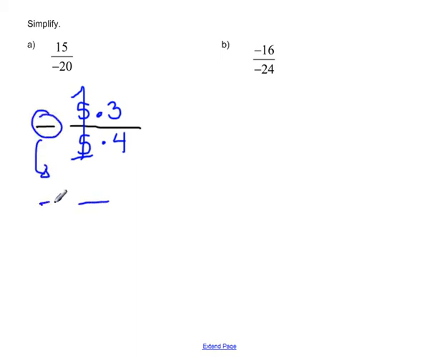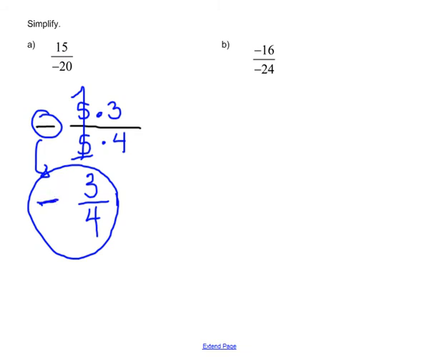So our answer is going to be negative 3 over 4. So when we write a final answer that's a fraction, if it's a negative, we want the negative sign out front of the fraction. Here we started off with the negative in the denominator, but we want to be sure in our final answer that that negative moves out in front, because a positive divided by a negative is going to give me the negative.